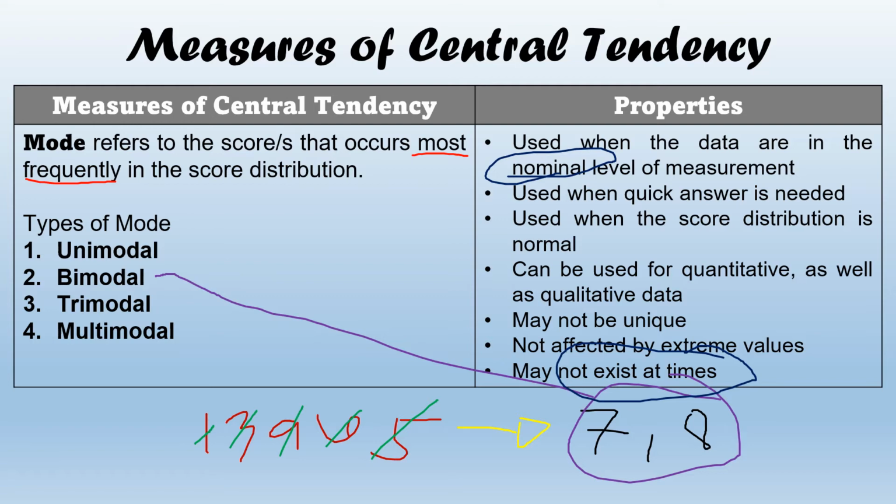Walang mode kasi walang nag-uulit-ulit. Okay, so isang 1 lang, isang 3, isang 9, isang 6, at saka isang 5. So this is an example of that particular statement na may not exist at times. Okay?